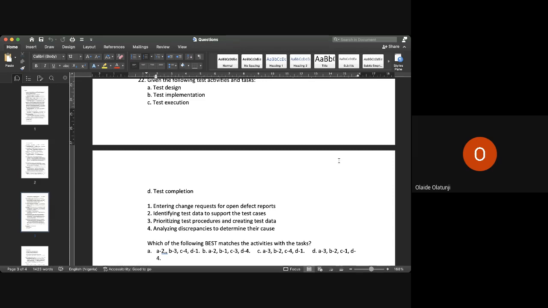Test design is identifying test data. Then B, test implementation, entering change requests for open defect reports. If you are saying defect, when does defect happen? When there's a failure, when there's an error in the code, rather. At which point, in which test process, can you find defects?